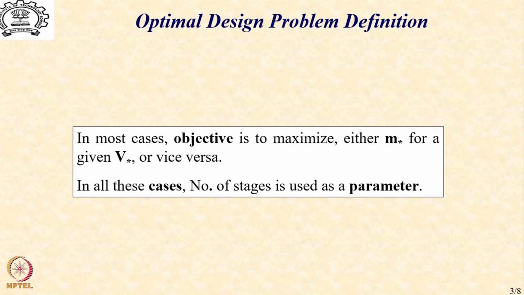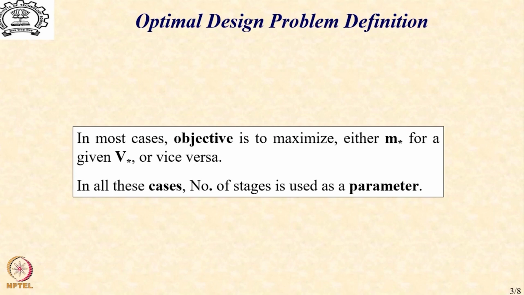So what we do is that we take the next best course. We use the number of stages as a parameter. What essentially it means is that we generate a large number of optimal solutions for different values of n. And then among those solutions, we will pick one which is the most suitable for our mission objectives.